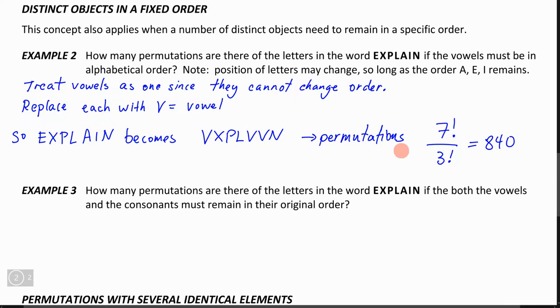Okay. Example 3, how many permutations are there of the letters in the word explain if both the vowels and the consonants must remain in their original order? So I'm going to say here V for vowel and C for consonants.